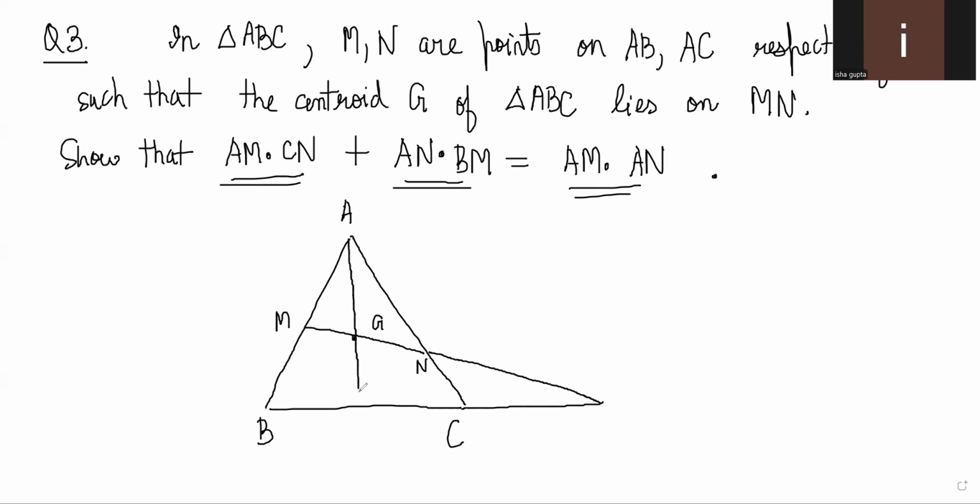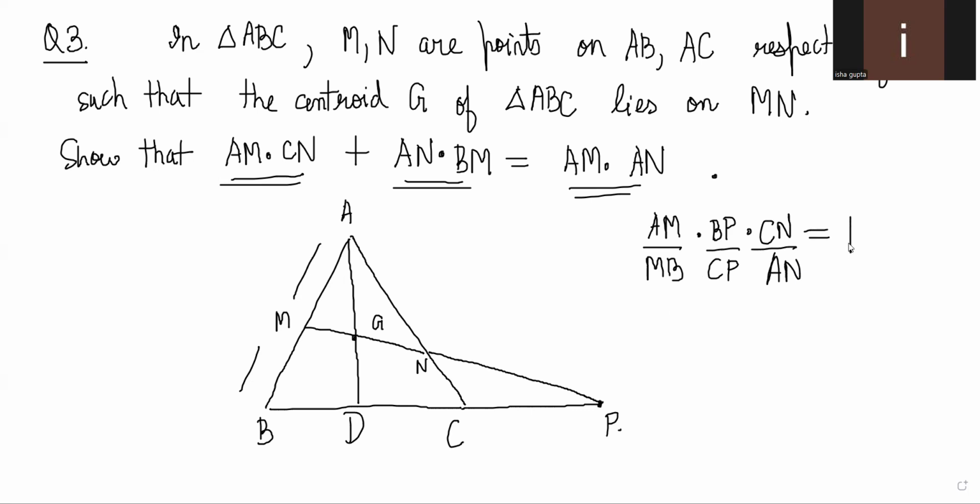We say this is D. And this line is not parallel, so we can extend it and it will meet BC somewhere here at P. Now we can do Menelaus theorem directly here, for point P. We'll get AM by MB for this one, and then we'll imagine P to be somewhere inside and say BP by CP, and then CN by AN.